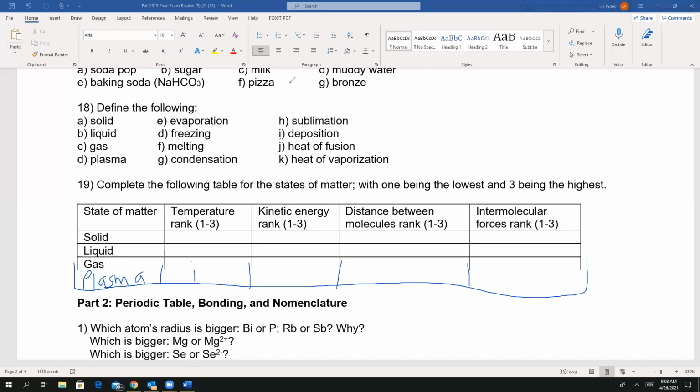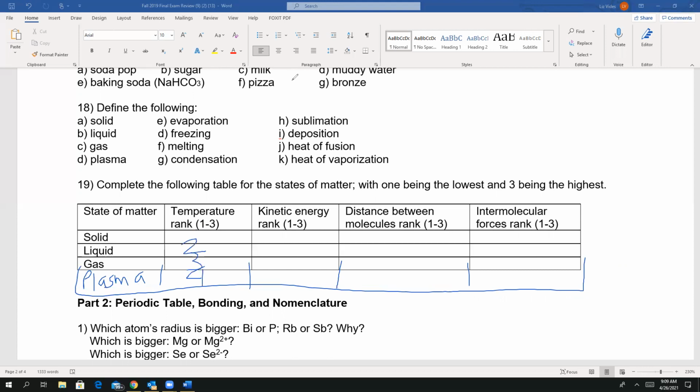Plasma would be 1, gas would be 2, then 3, then 4, right? 4 being the highest. Oh no, that's backwards, isn't it? All right, so we just erase that and go back again because that was wrong. We need to read our instructions. So it's 4, 3, 2, 1, right? And see, it says being the highest. Okay. So kinetic energy, 4, 3, 2, 1 also.